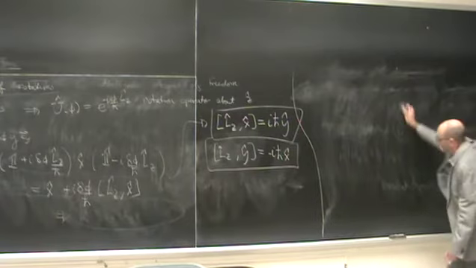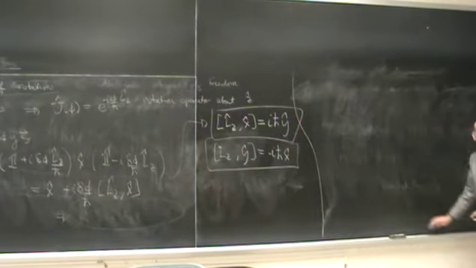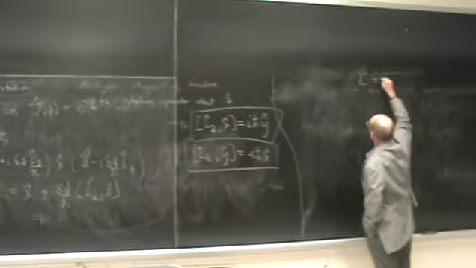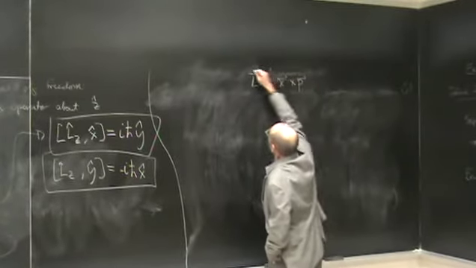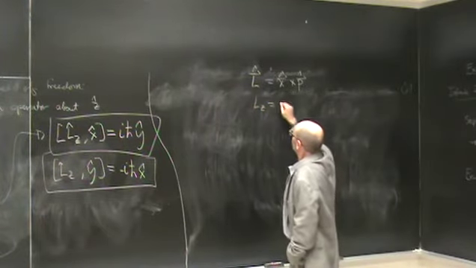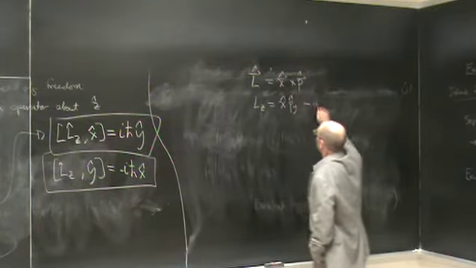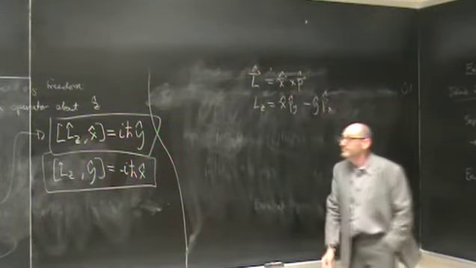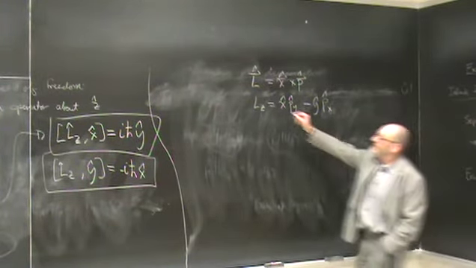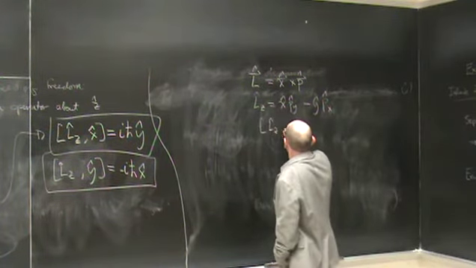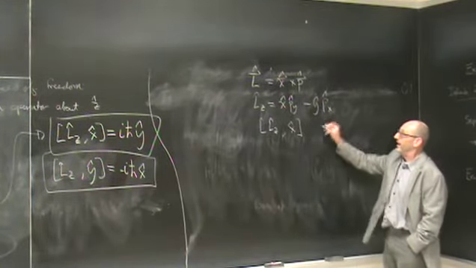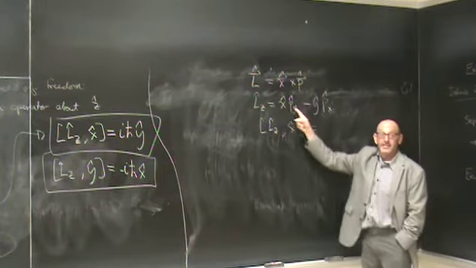component of angular momentum is related to the components of x and p, right? So if I look at the angular momentum vector as x cross p, then LZ is x py minus y px, right? And if I commute this with x, well, then I get that this commutes with both of these guys.